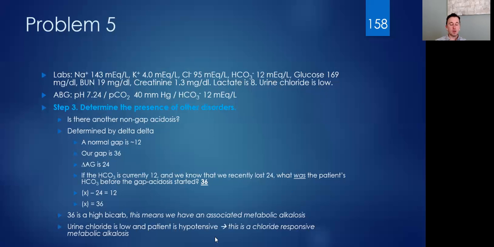His is low. The patient's hypertensive in the setting of a low urine chloride. So that tells you this is a chloride responsive metabolic alkalosis. And again, that has to do with loss of chloride in the urine, retention of chloride in the kidneys when the RAS system is activated from the low blood pressure.